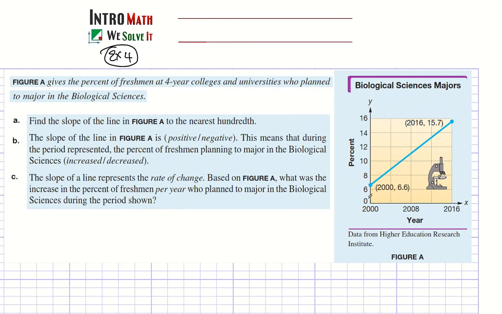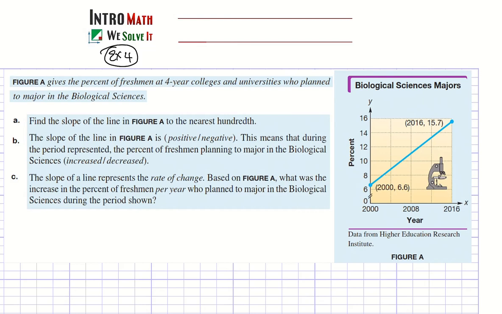Then B, the slope of the line in figure A is positive or negative. This means that during the period represented, the percent of freshmen planning to major in biological science increased or decreased. In other words, if it's positive, then it increases. If it's negative, it decreased. The way they wrote it is confusing.